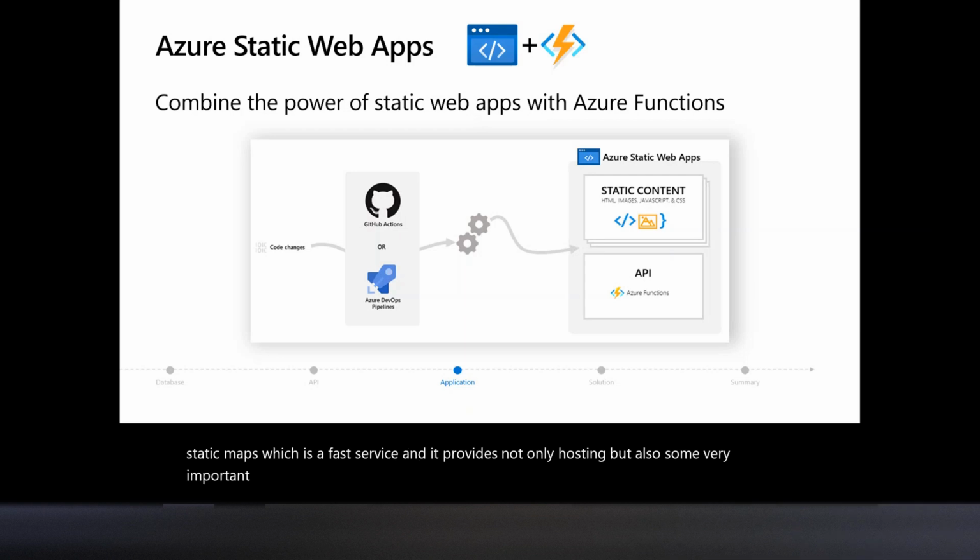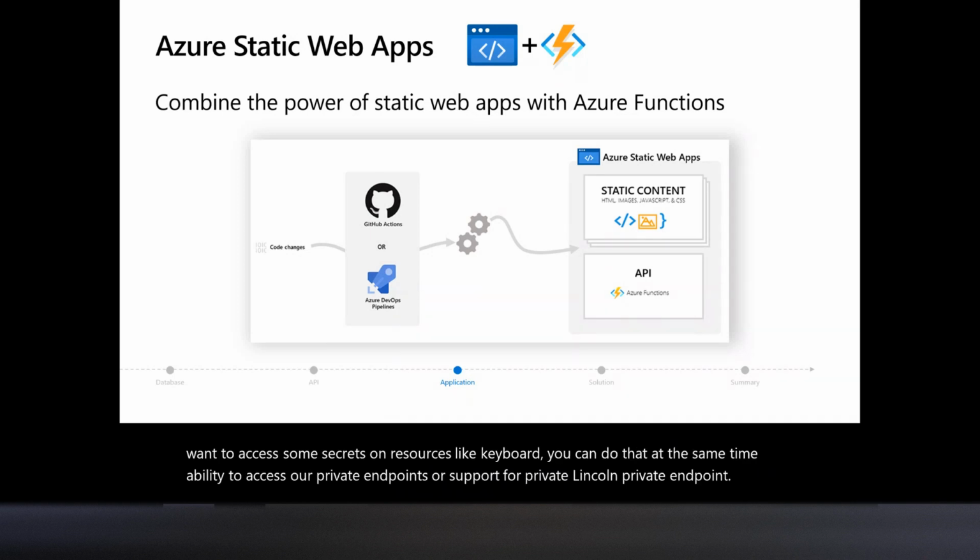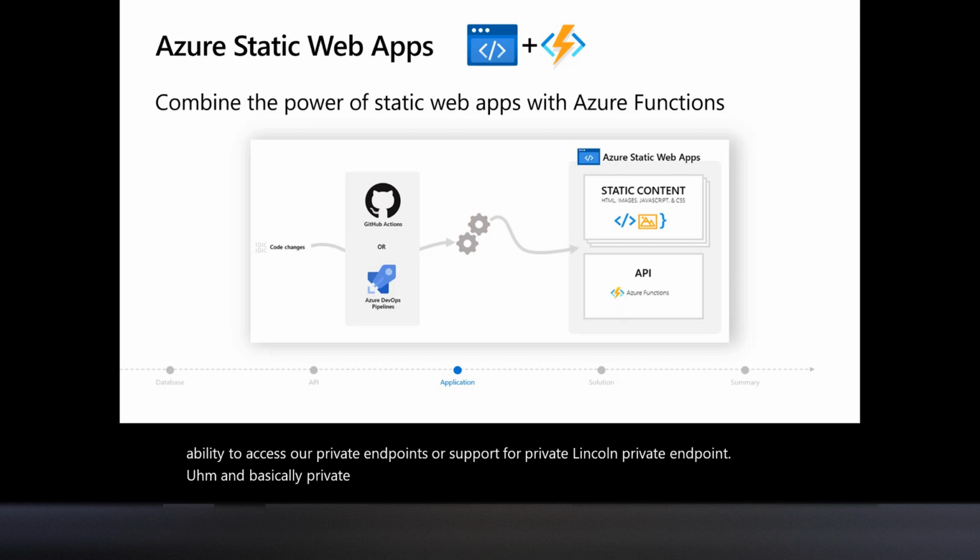For example, the ability to set up managed service identities, so if you want to access some secrets from resources like Key Vault, you can do that. At the same time, the ability to access over private endpoints, so support for private link and private endpoint. And another thing is the ability to do local debugging.